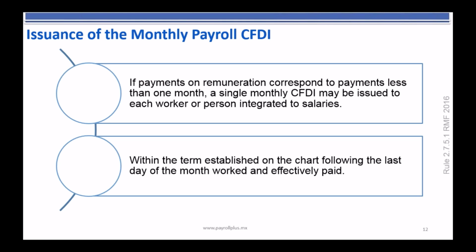In this case, instead of issuing 4 CFDIs, you have the option to prepare one monthly CFDI to each one of your employees. In this case, you can also apply the chart that we just saw, and you can use the additional days depending on the number of employees that the company has.